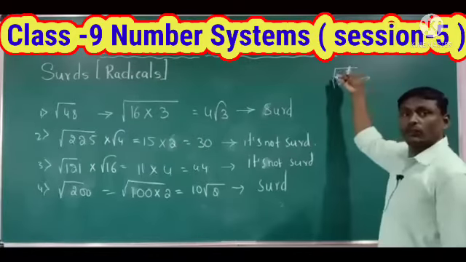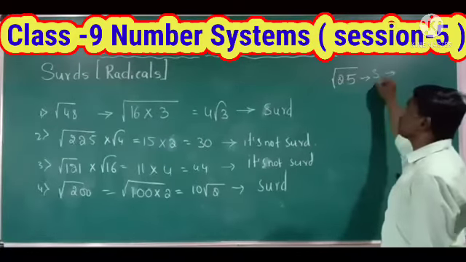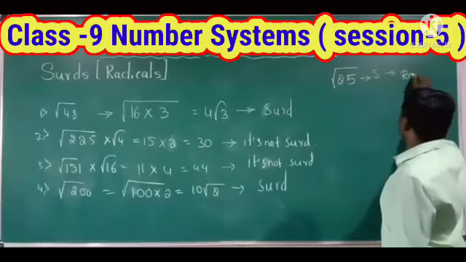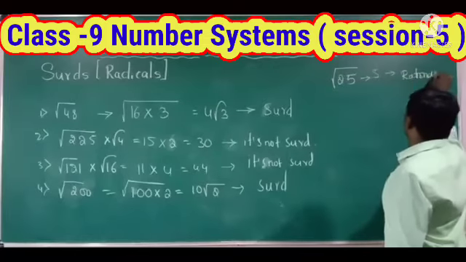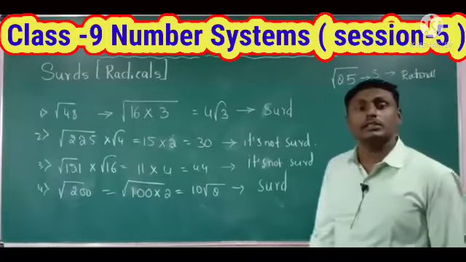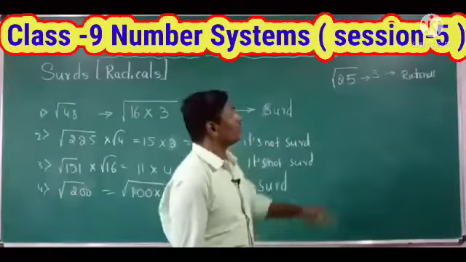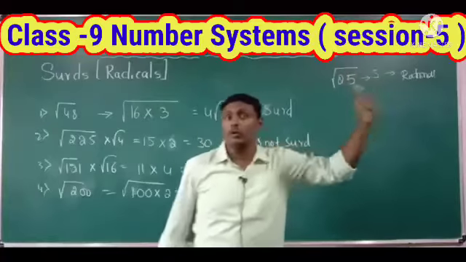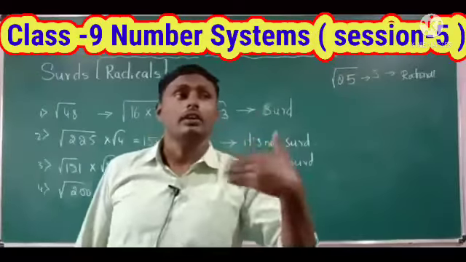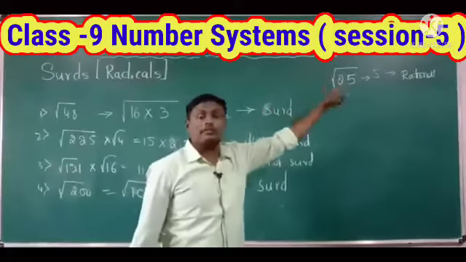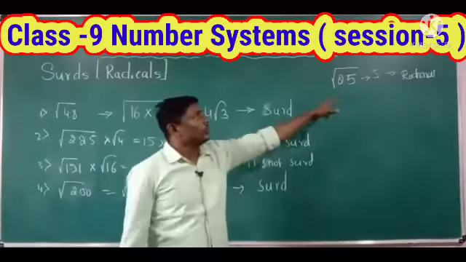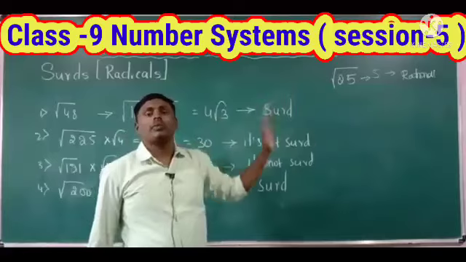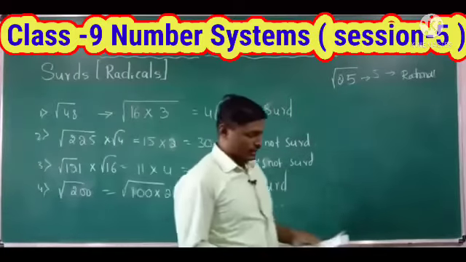What is the value of root 25? 5. 5, does it form a surd? No. Because it is in rational form, rational numbers will not form surds. 5 is the purest form of a rational number. It can be represented in the form of 5 by 1, in the form p by q. So root 25 will not form a surd or radical.